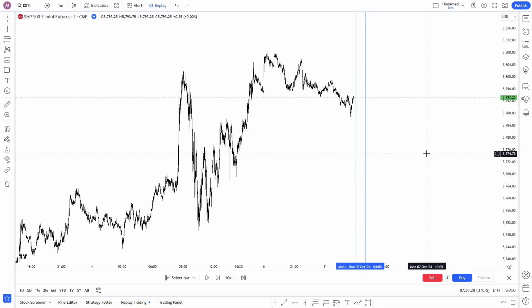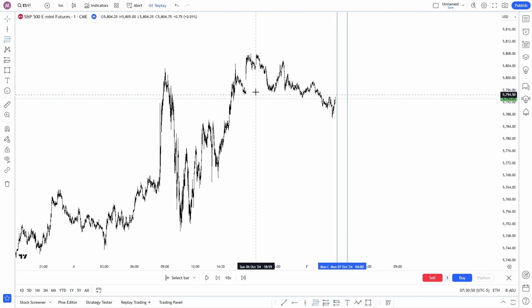Now we'll be going over our second example. This time I'll be showing you the London Open Silver Bullet. So here I have my time window marked out, 3 a.m. Eastern Standard Time to 4 a.m. Eastern Standard Time. I have a chart of S&P on the 1 minute.